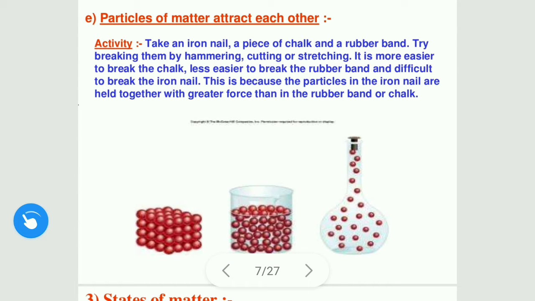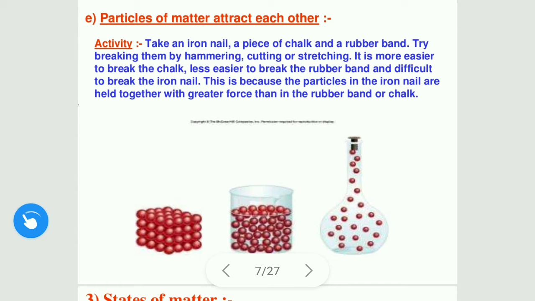Fifth activity is to prove that particles of matter attract each other. For this, take an iron nail, a piece of chalk, and a rubber band. Now, we will try breaking them by hammering, cutting, and stretching.